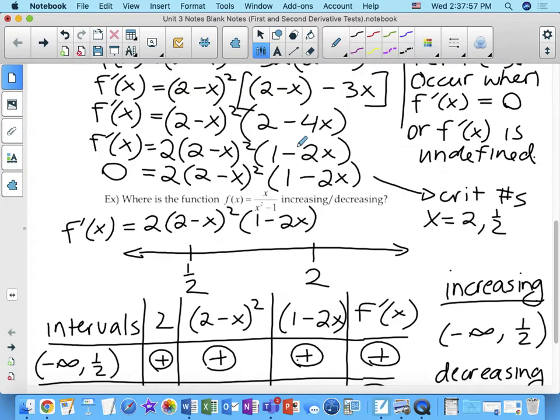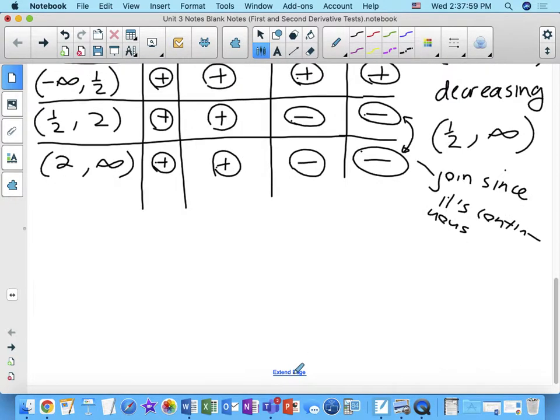It's easier to see what's happening by thinking of y equals x cubed, because it's the same type of zero. If you look at y equals x cubed, this is increasing everywhere. So if you didn't join them, you'd be saying it's not increasing there.